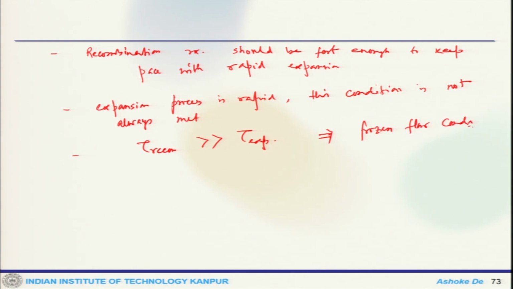These things are happening inside the rocket engine. There is a difference between equilibrium and frozen flow for different propellants. Now, there are some problems in rocket engines.